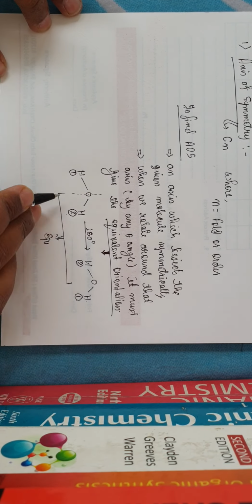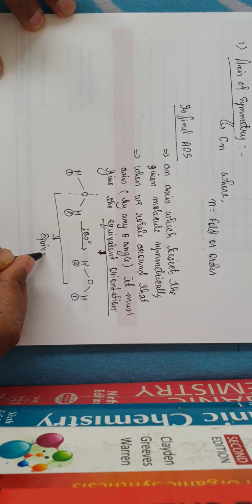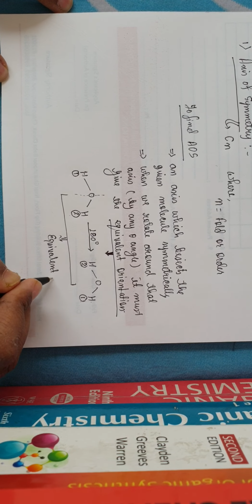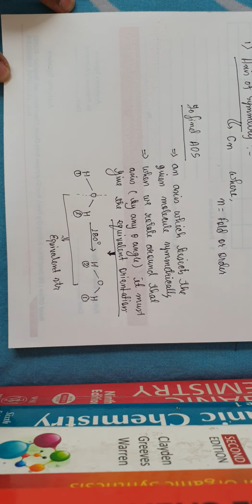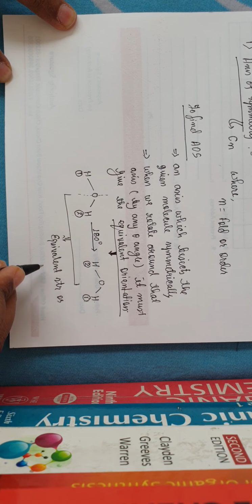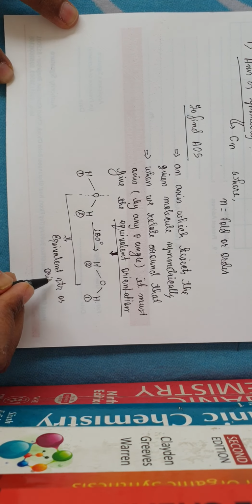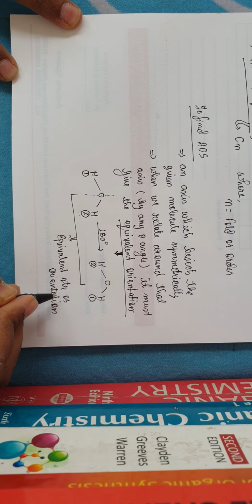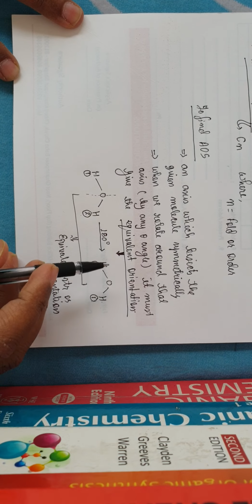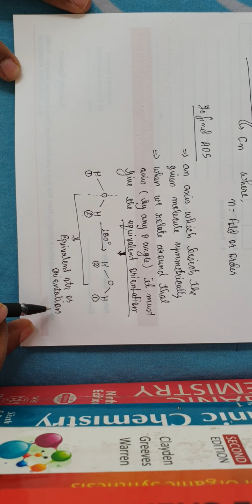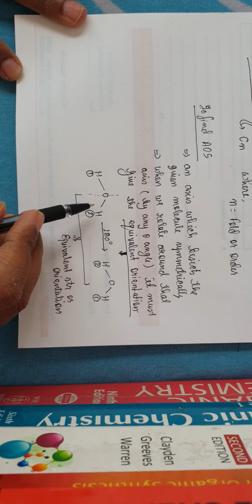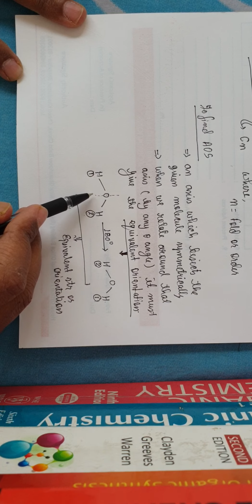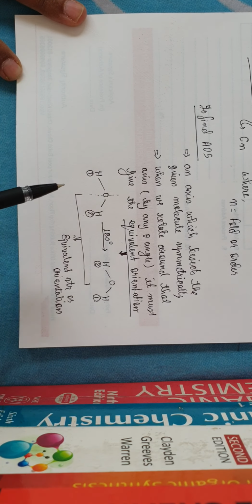Both are equivalent structure or orientation. So I think it is quite clear what an equivalent structure or orientation is. Now let me confirm whether this axis is an axis of symmetry or not.